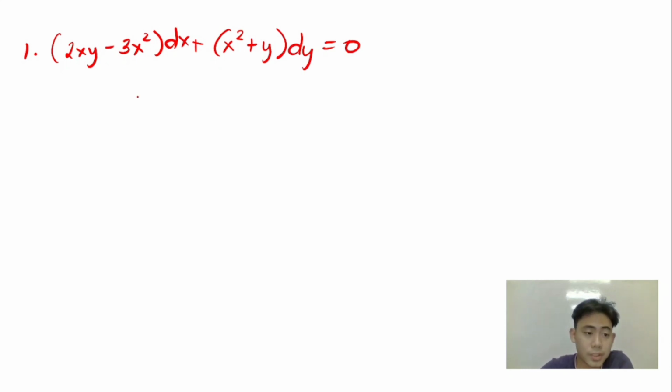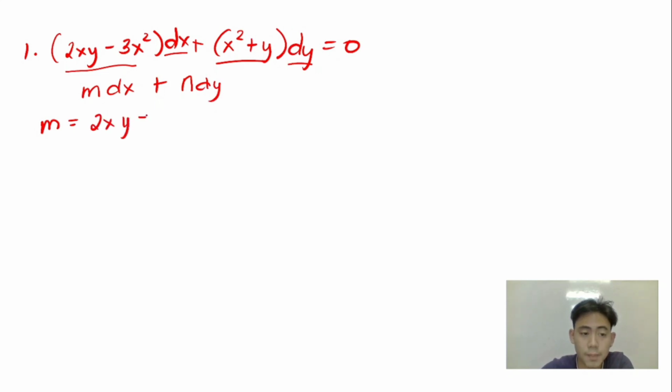So, first, we need to identify kung ano yung M natin. So, M, syempre yung nakamultiply kay dx, yun yung M natin, okay? So, M dx plus yung N natin, kung ano yung nakamultiply kay dy, yun yung N natin. So, N dy. Therefore, M is equal to 2xy minus 3x squared.